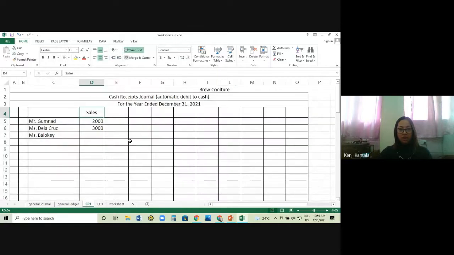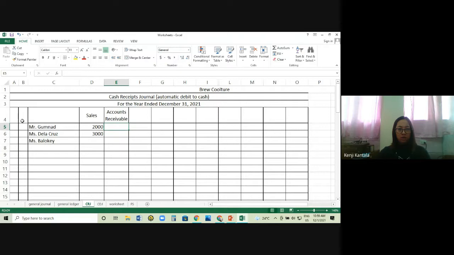So, in our cash receipts journal, we just recognize the cash receipts as payment for accounts receivable. We make another heading here, accounts receivable. Okay. So, that is another credit heading.